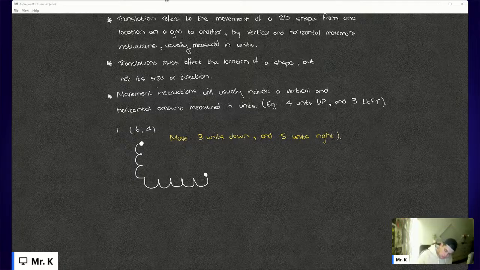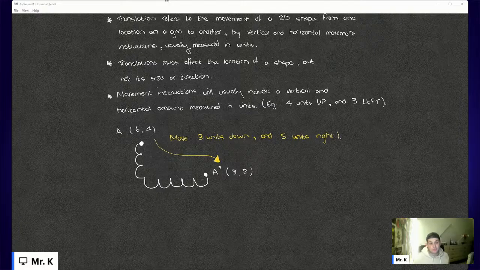And if this is point A, this would now be A accent essentially. And you would be able to determine the new coordinates as 3, 8. And that's what we're going to have to focus on in our next lesson next week when we try and focus on finding the new coordinates of a shape or a point after transformations have been completed.